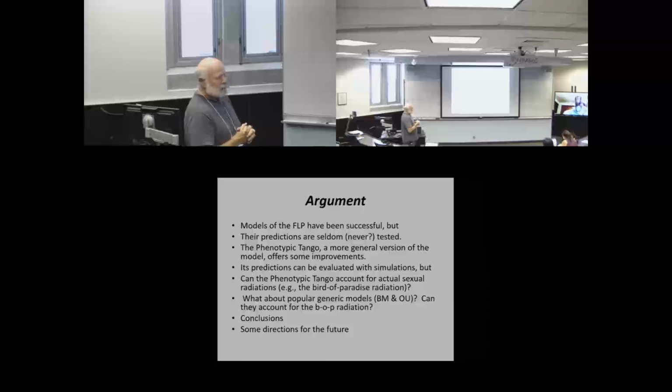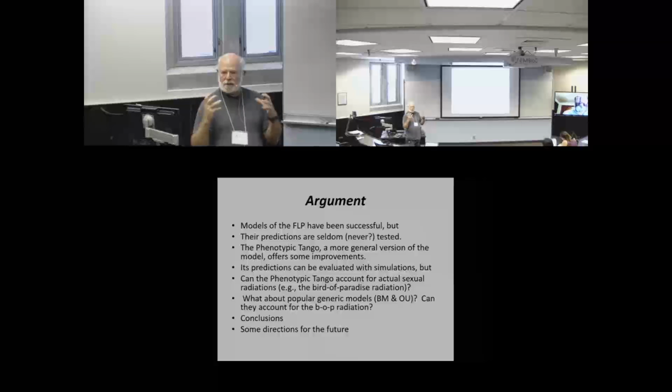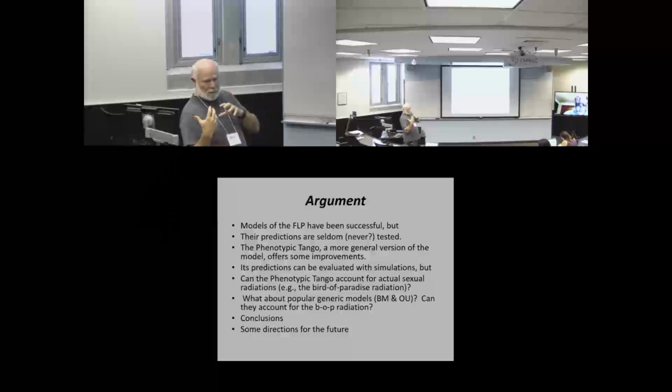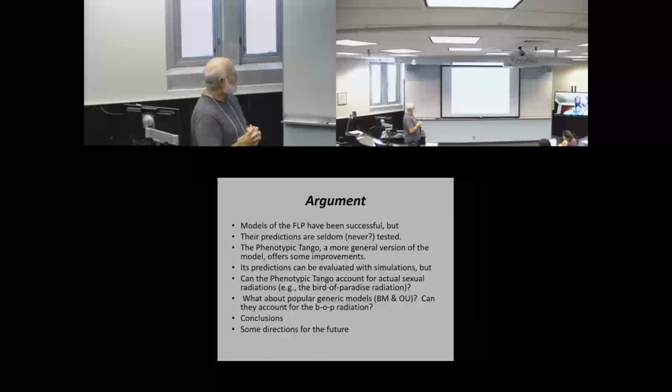I think this helps us capture the functional complex aspect of the male display, and there must be a multivariate female analog of that. The problem is that we can evaluate the predictions of the model with simulations, even though we can't do them analytically right yet.